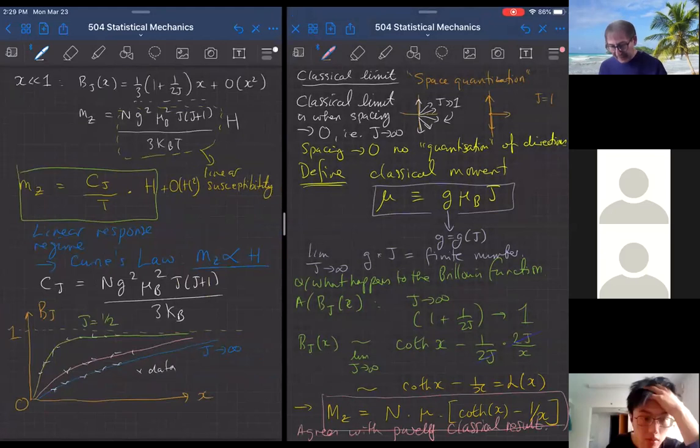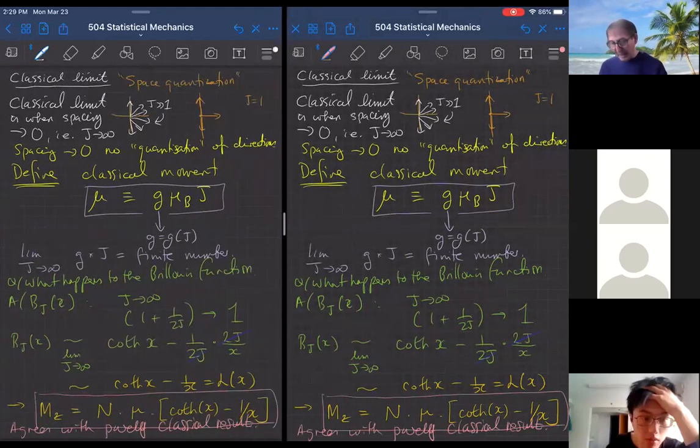Okay, so any questions about classical and quantum paramagnetism?